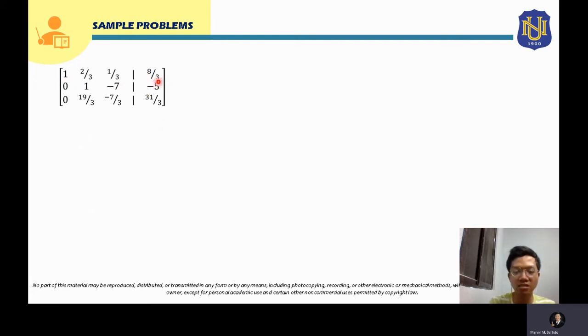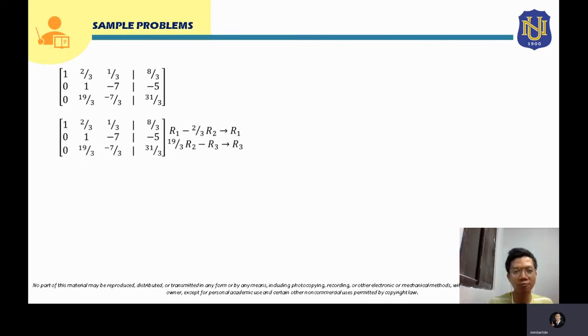Now, since the second row is now normalized, we can use this to make this 2/3 and 19/3 zero, so that's our goal, to make them 0. By multiplying the second row by 2/3 and 19/3, we are going to analyze if we're going to add that row to another row or subtract it.